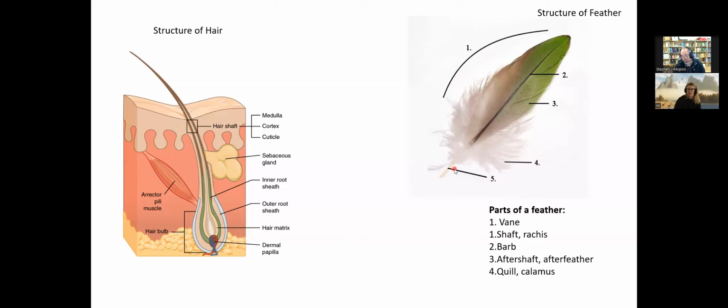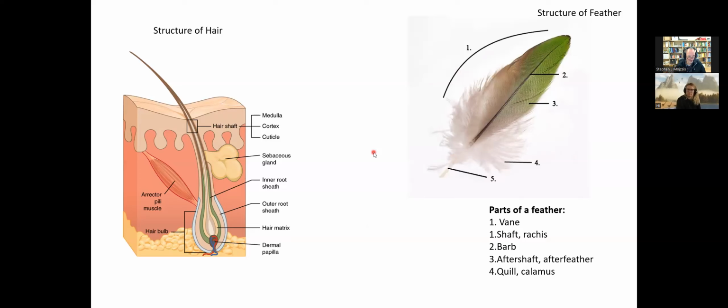Feathers are not attached to blood vessels, nor are they attached to nerves. Feathers are ornamental. They do provide insulation. And of course, in birds, they provide lift for flight. But they do not serve the same function that hair does in terms of being a sensory organ.